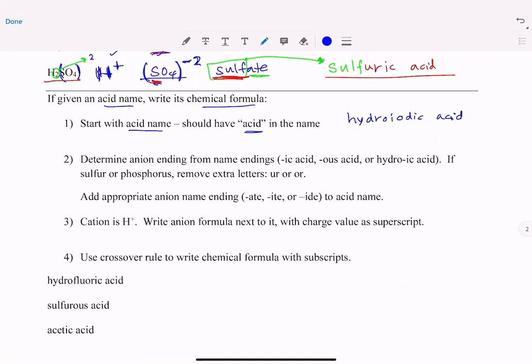Okay, so because it has acid in the name, you want to write the chemical formula from that. This is a different series of steps than an ionic compound. Normally, if you're given the chemical name, you write the ions and use the crossover rule. Here, you need to figure out from the name ending, whether it's ic acid, OUS acid, or hydro-ic acid, what the anion is. So the anion of this hydroiodic acid.